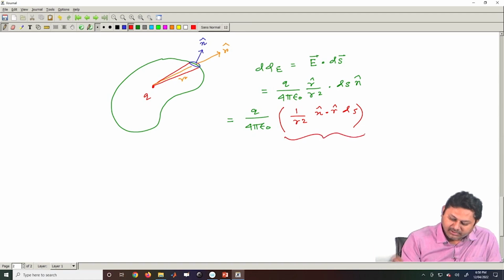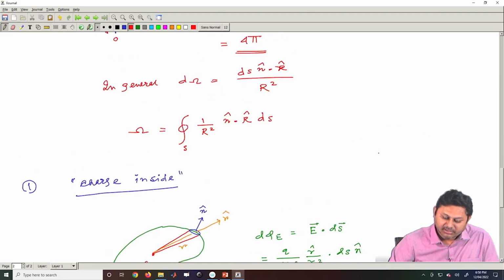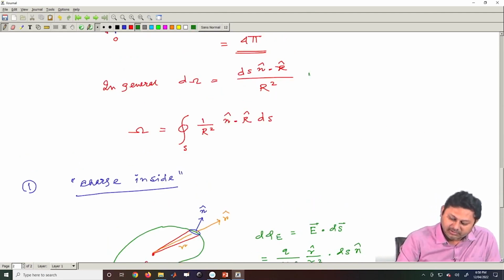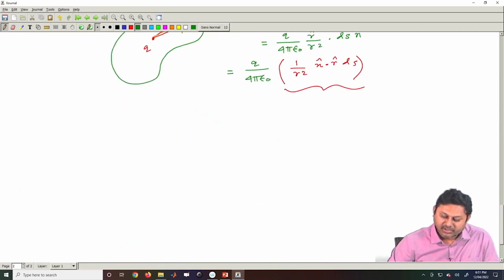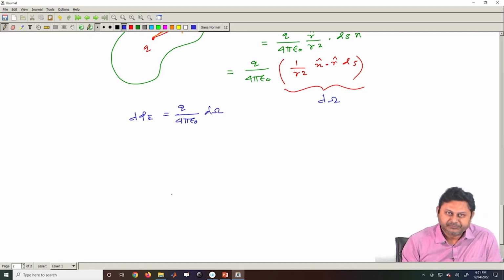Note that this quantity I just defined a few minutes ago, this quantity is my d omega, right. So, this quantity is simply the solid angle that we know, and that is d omega. Okay. So, the flux d phi E is simply q divided by 4 pi epsilon 0 times d omega.